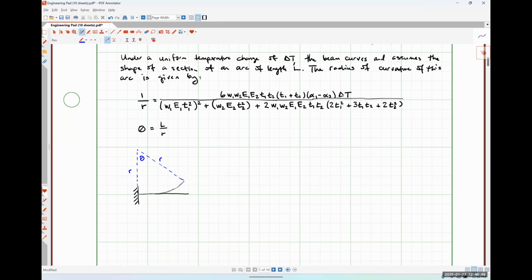And then, using a little bit of trig, this length right here is our R sine theta. And from this, our amount of deflection D is R minus R cosine theta. So these are all of our relationships.